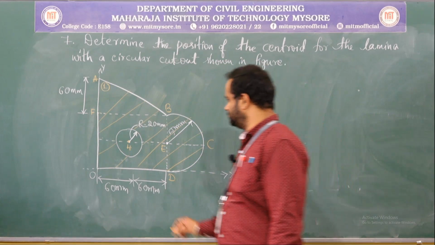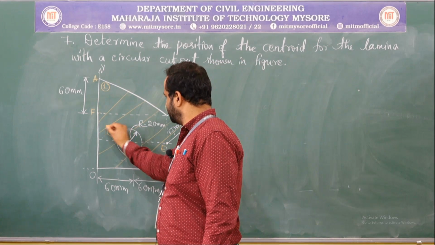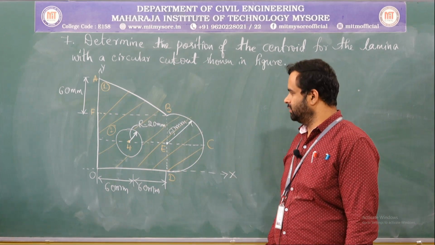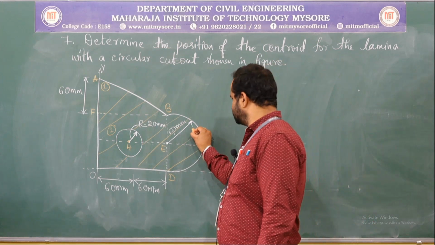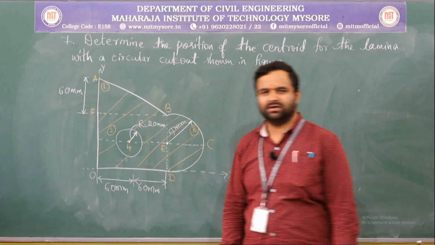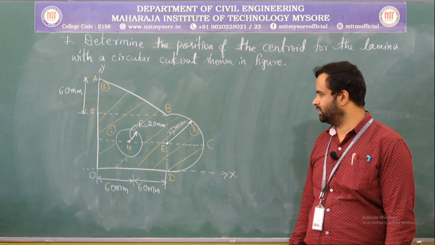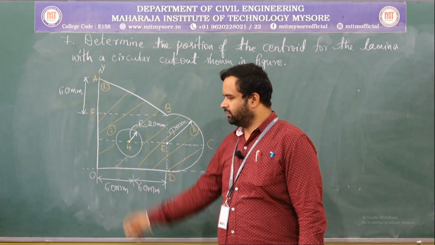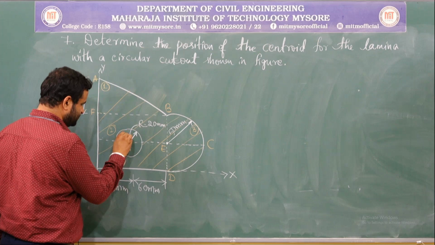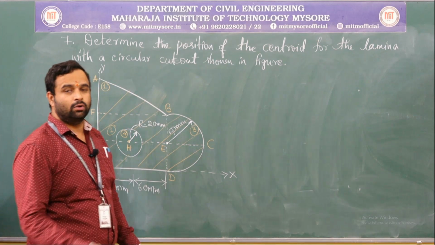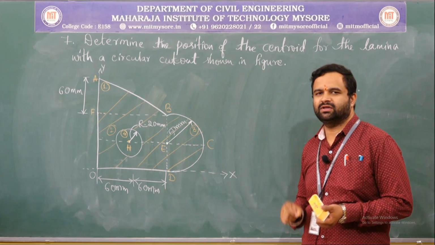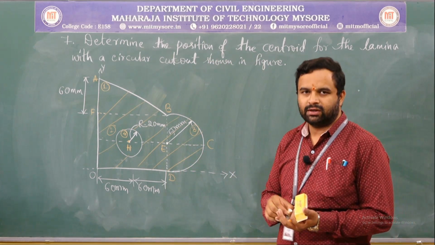Second section, let that be the rectangular section, and third section be this semicircle. Semicircle be the third component, and the fourth component be the circle. This is H, not 4, and this shall be the fourth component whose area has to be removed out. That is, the area should be written with a negative sign. Clear?